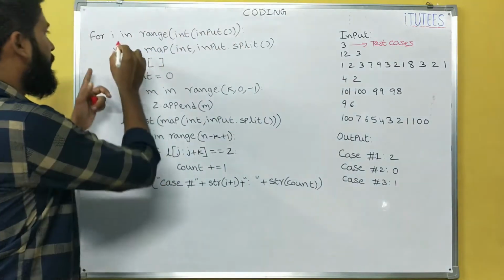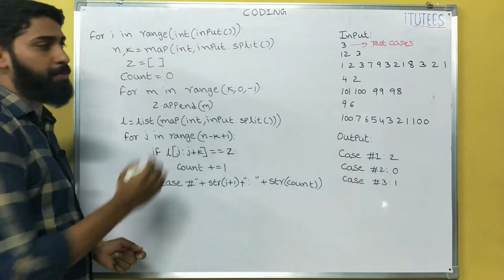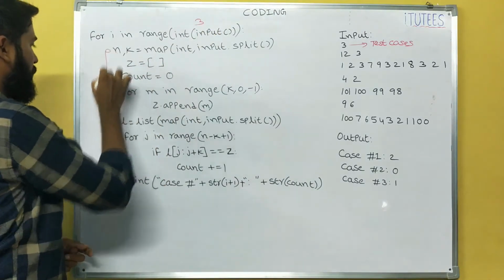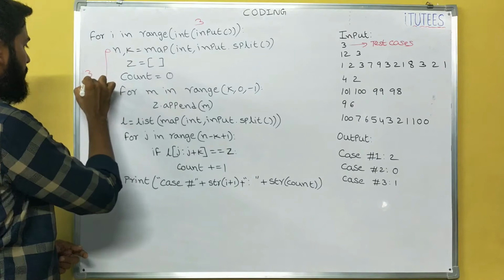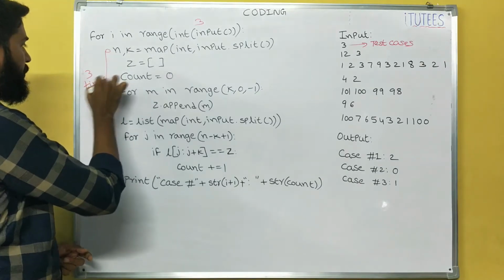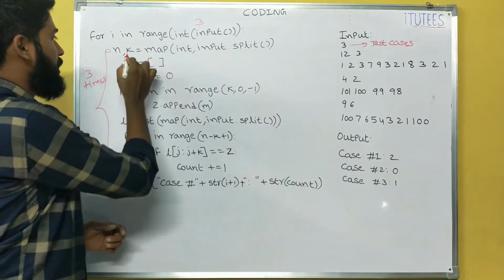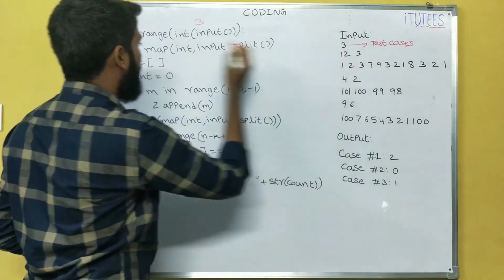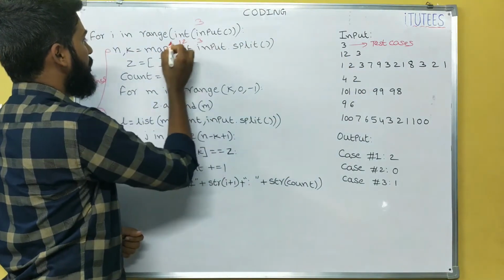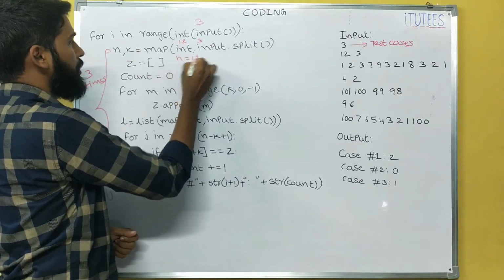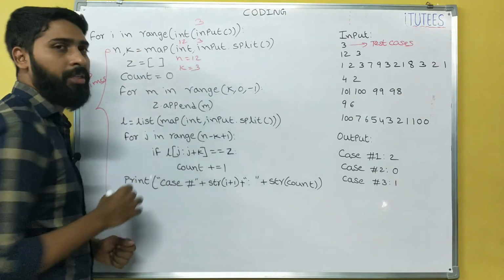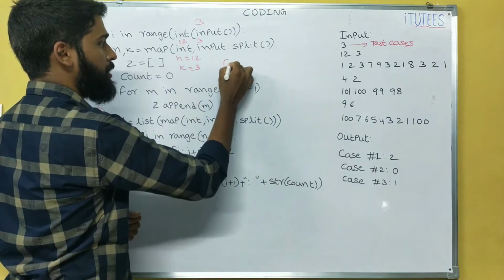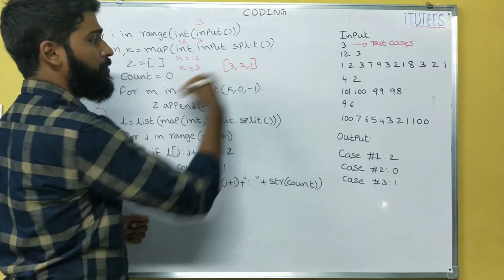So for i in range of int of input, here the input is 3, so we execute these instructions 3 times. n comma k equals map of int of input dot split. That means 12, 3, so n equals 12, k equals 3. Now k equals 3 means what is the subarray? The subarray is 3, 2, 1.